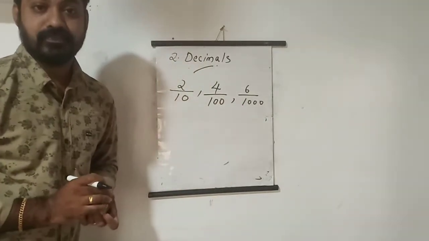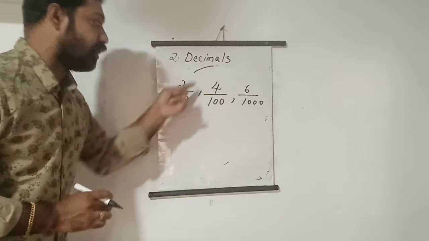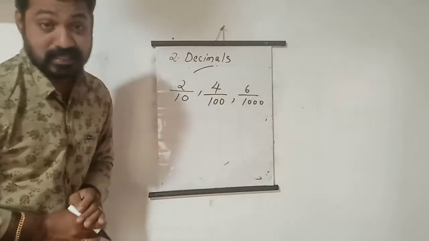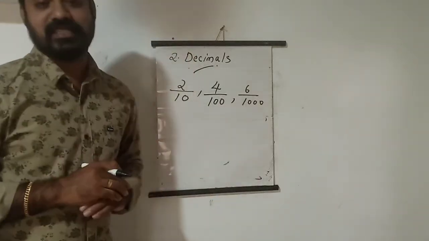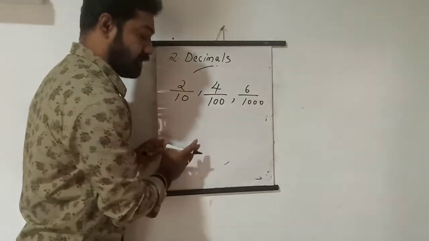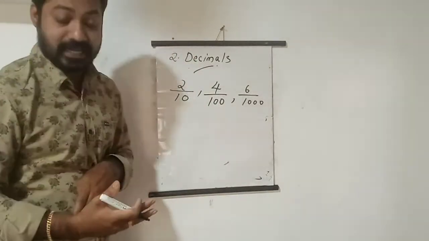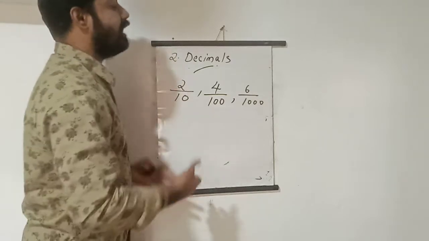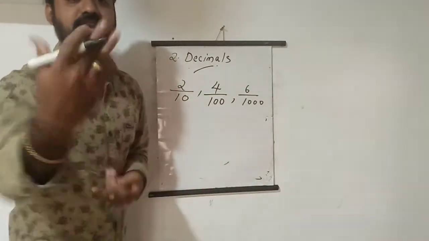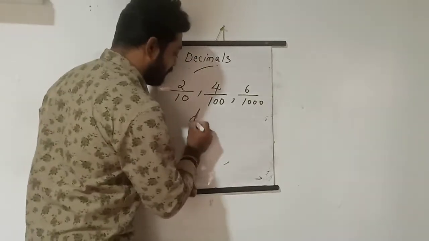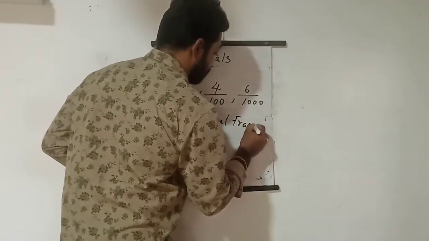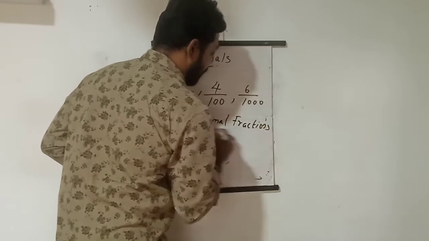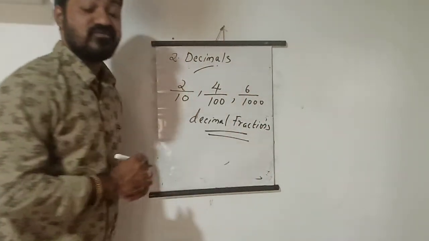The numbers which have denominators like 10, 100, 1000, we call them decimal fractions. What is called a decimal fraction?